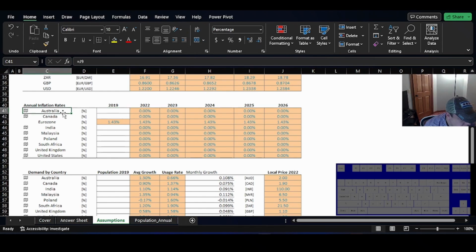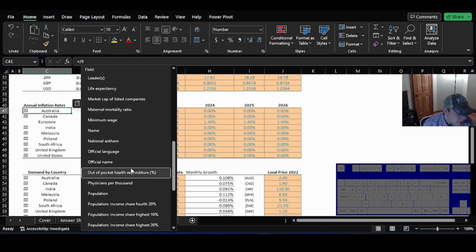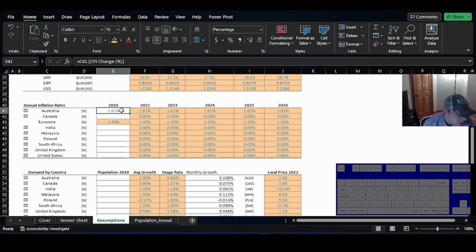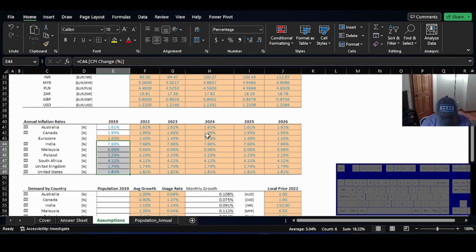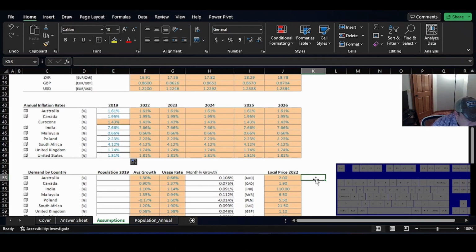So maybe they're keeping it in line with inflation? Okay, so India's increasing 7.66 every year, right? So it looks like they're assuming that.